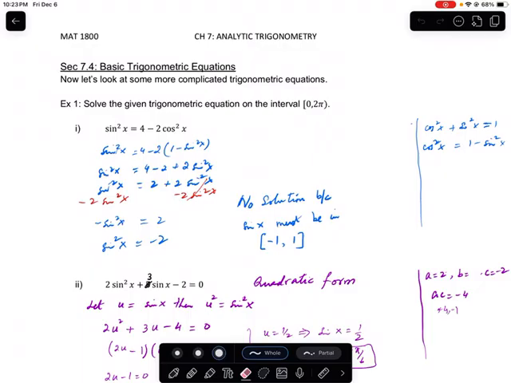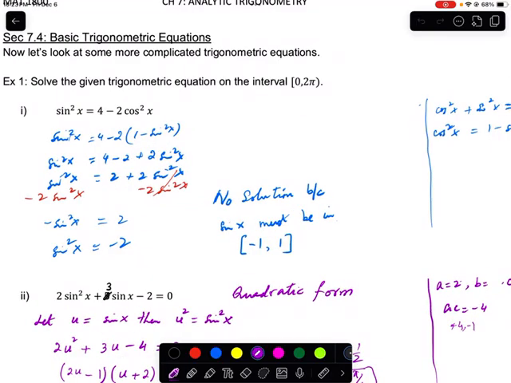If you note here, cosine square x and sine square x are two different things, so it's not really that easy to solve it in this form. Fortunately, we have trig identities which we can use to change the equation into a form which we can easily solve.